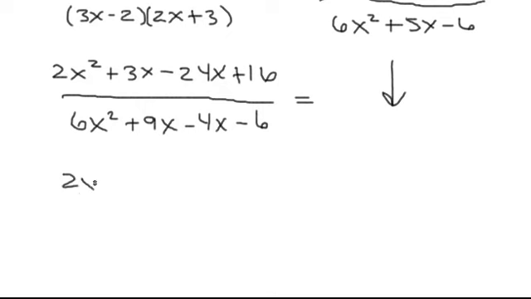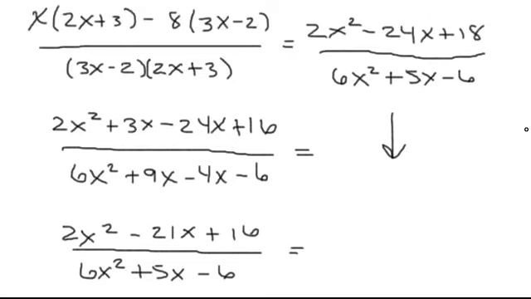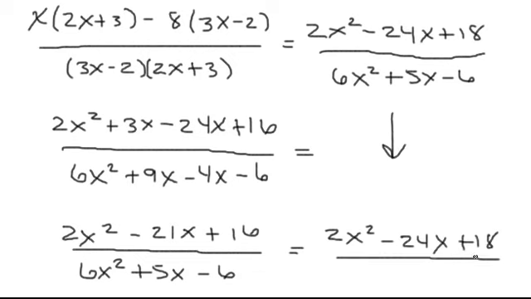So we have 2x squared, 3x minus 24x, that's going to be negative 21x, plus 16 over 6x squared plus 5x minus 6, and I'm going to go ahead and rewrite this: 2x squared minus 24x plus 18 over 6x squared plus 5x minus 6.